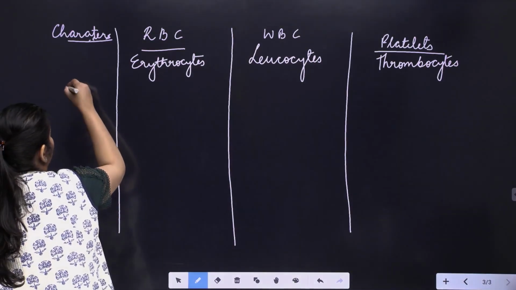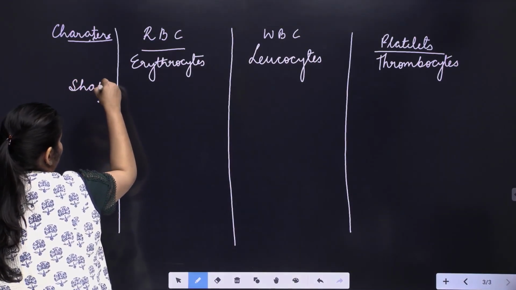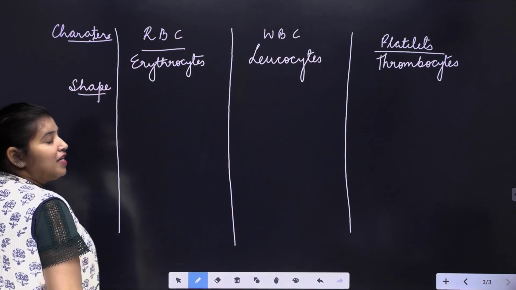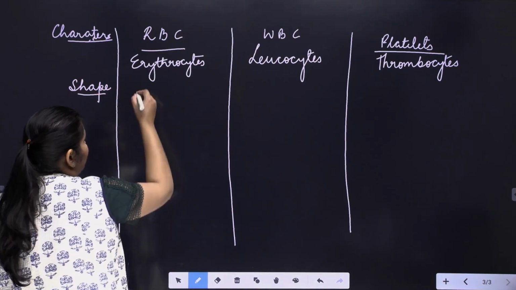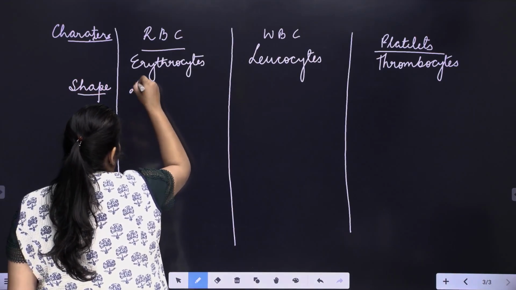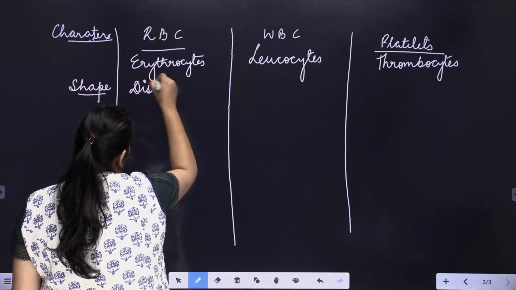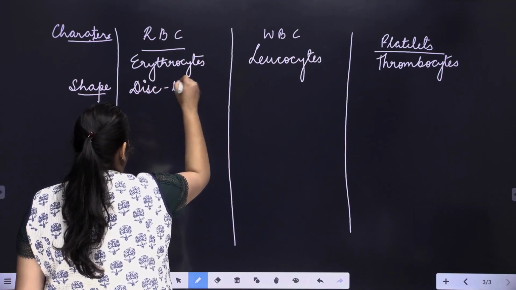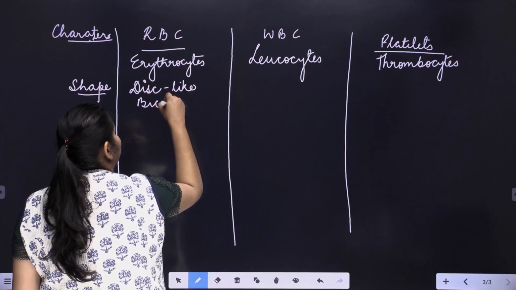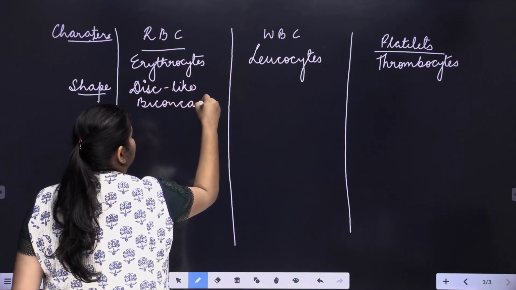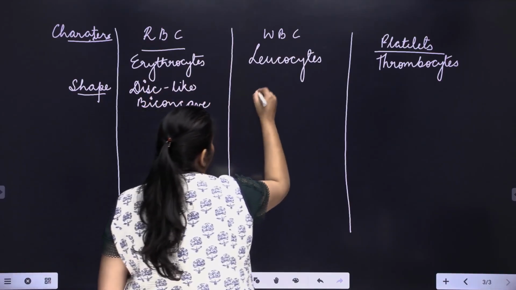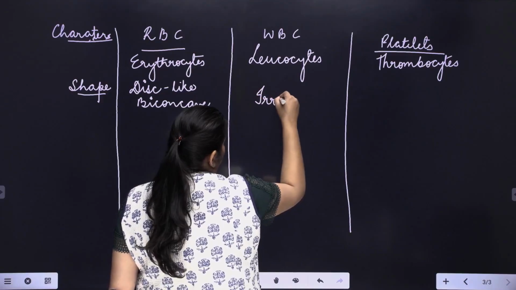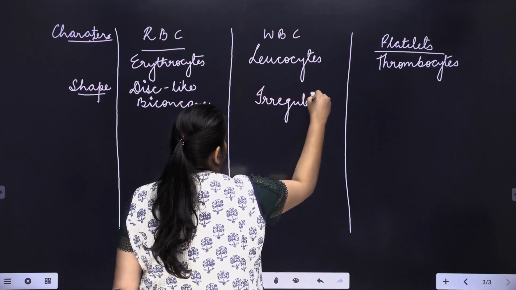Now, if I talk about the shape, the RBC in case of human beings is disc-like, biconcave. WBC, irregular.